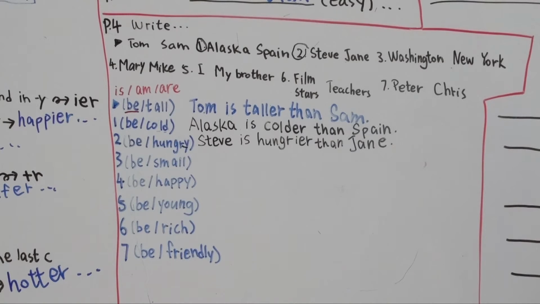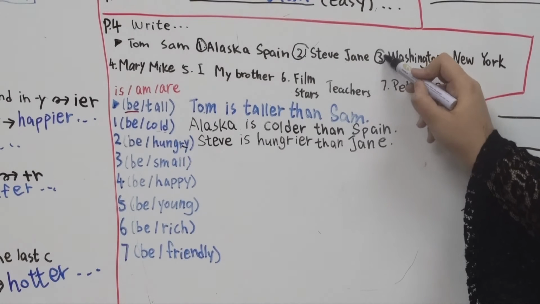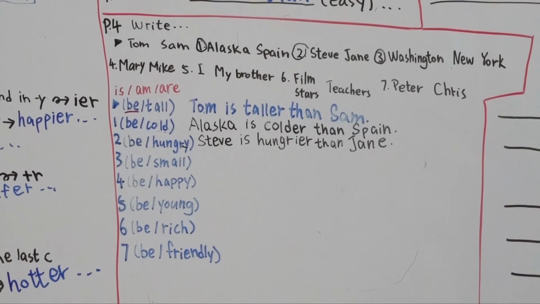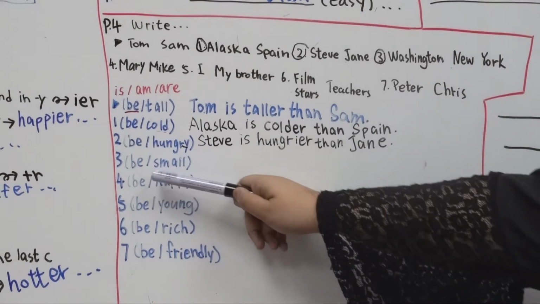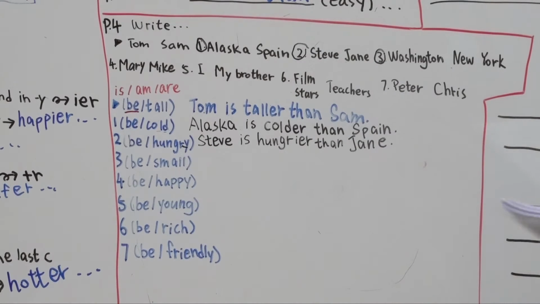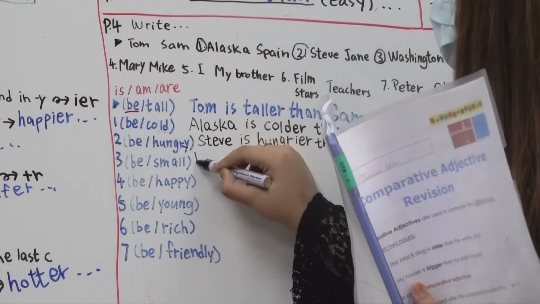Alright, number 3 is Washington and New York. Both of them are places, okay? Here they have given you B and small. So you have to write Washington.